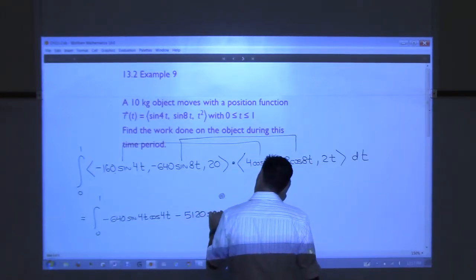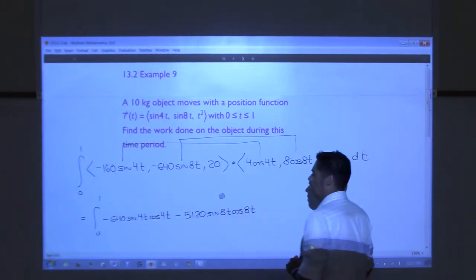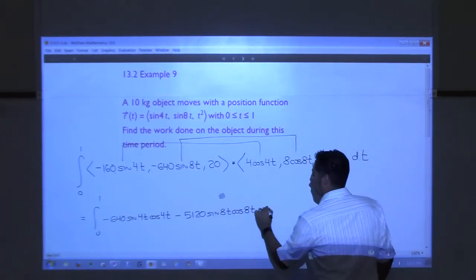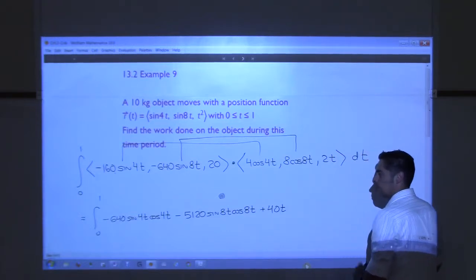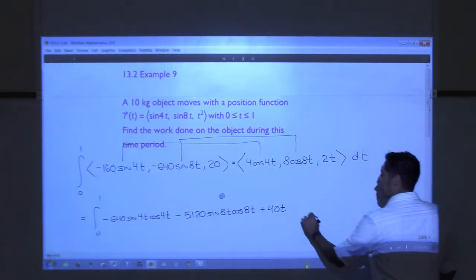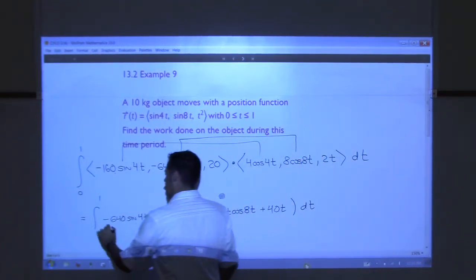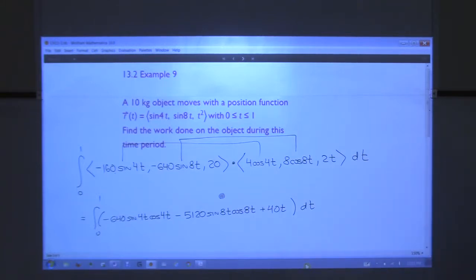Sine 8t, cosine 8t, and then 40t dt. Okay, I'm thinking I want to integrate this.